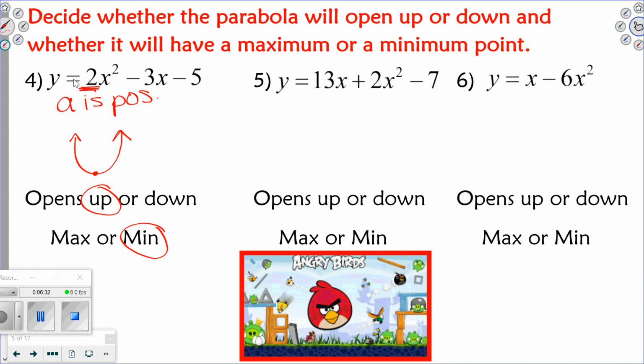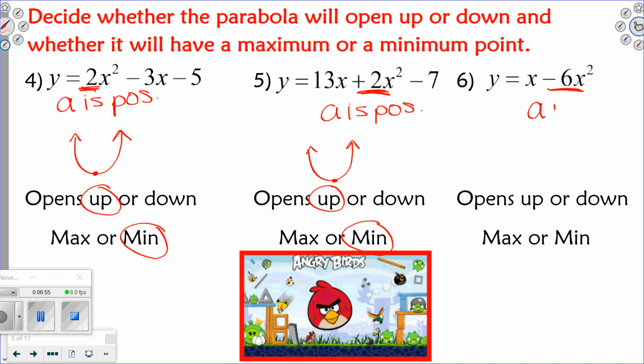All right, number 5, is your A positive or negative? It's positive. It's in the wrong order, but there it is. So A is positive, which means it's going to open up, and the vertex is going to be the minimum. Number 6, my A value is negative. Good, it's written in the wrong order.